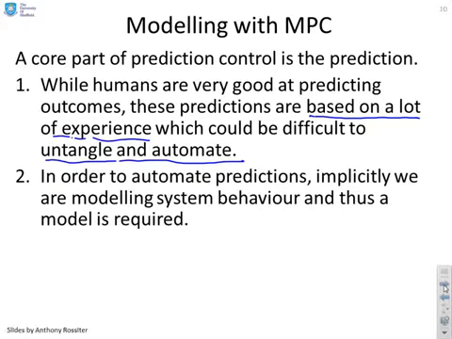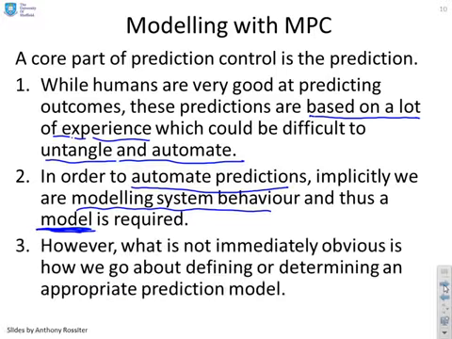In order to automate predictions, to get the computer to do this for us, we need to be able to model system behavior in a bit more of a mathematical manner, and therefore we need a mathematical model on which to form our predictions. Now the next question is, how do we go about determining what is an appropriate prediction model?